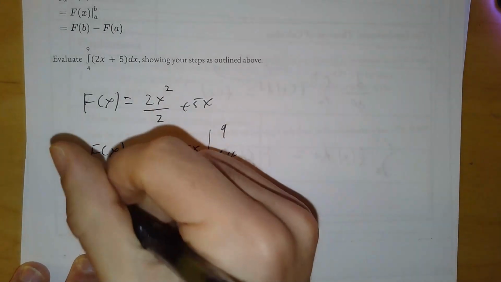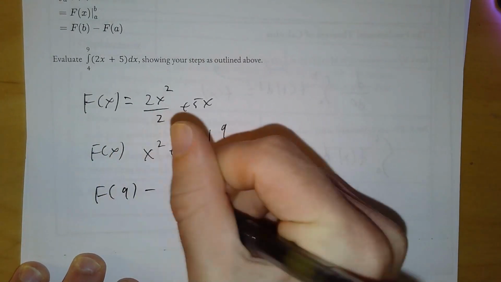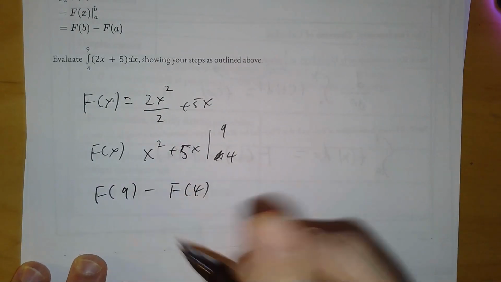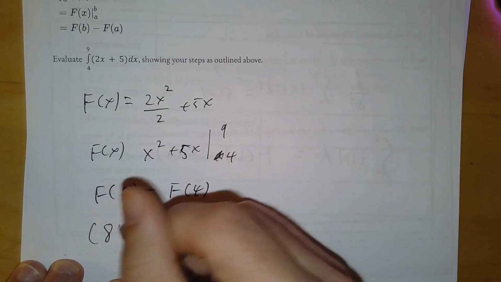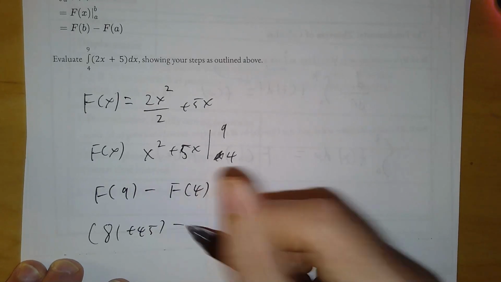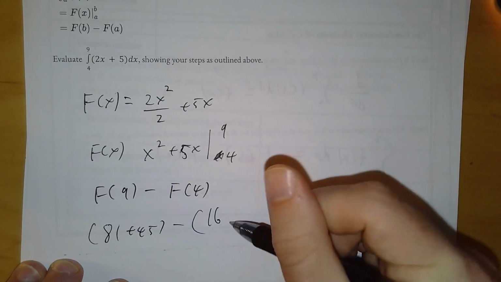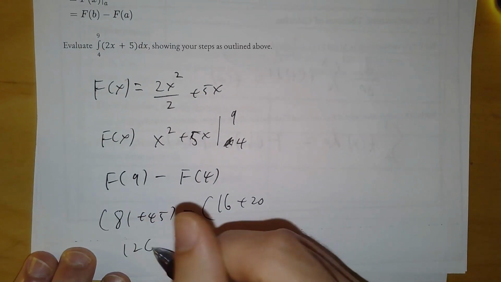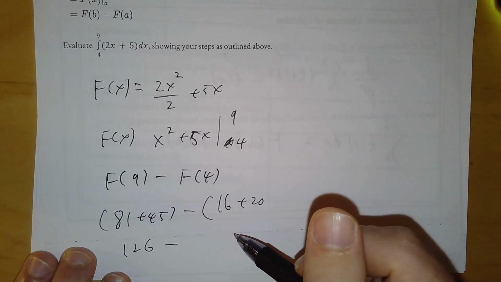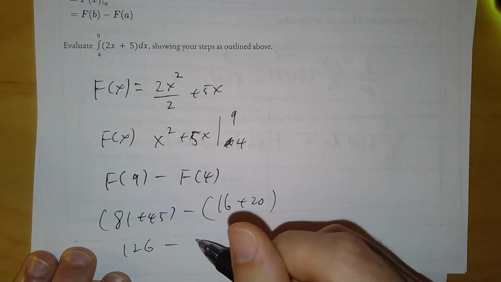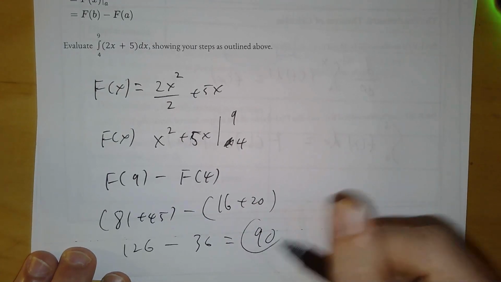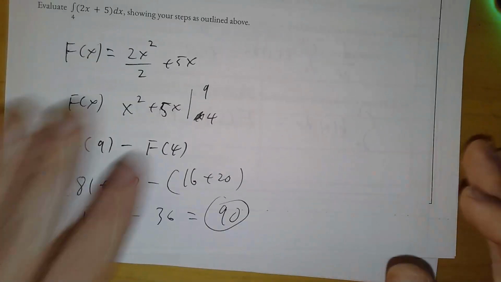So then I'm going to do F of 9 minus F of 4, which is going to be 81 plus 45 minus 16 plus 20, which is, what is this, 126 minus 36, which is 90. So your answer here will be 90. Okay.